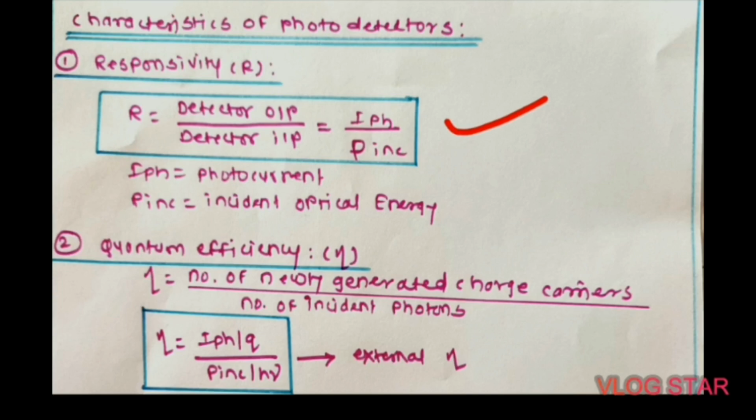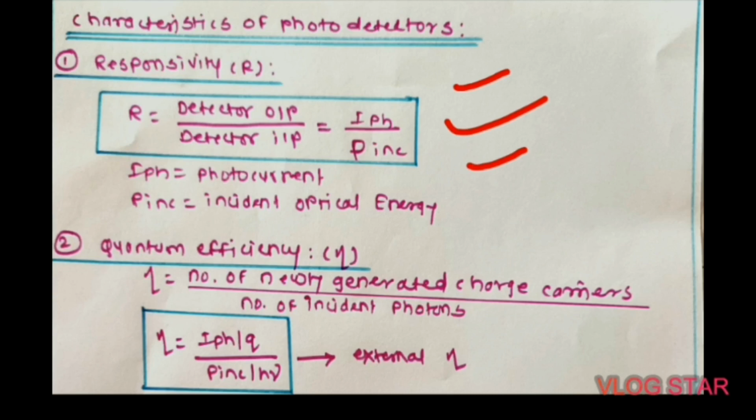In a photodetector, the output is current and the input is incident optical energy. So R is equal to detector output divided by detector input. Detector output is photocurrent and detector input is incident optical power, denoted by P of INC.